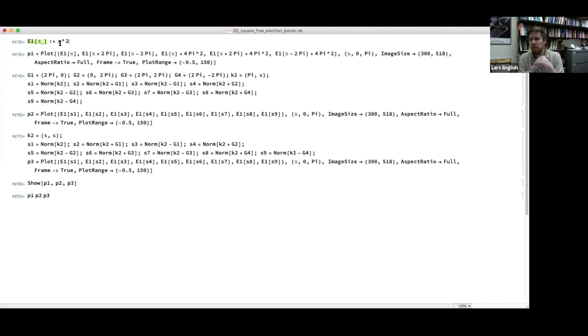So instead of h bar squared over 2m times s squared, now we're just going to say s squared. Basically, the prefactor, h bar squared over 2m, is not that important. In addition, we're also going to let the lattice constant a go to 1. So no dimensions there. Really the energy is just equal to s squared, where s is basically the length of the k vector. Let me execute that.